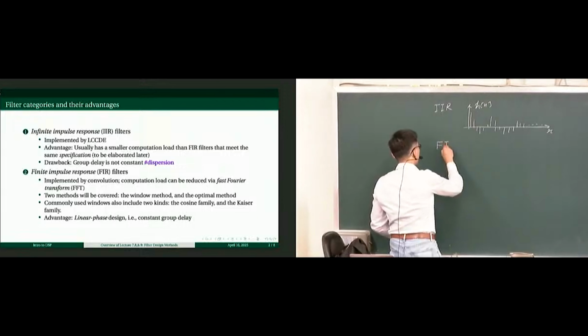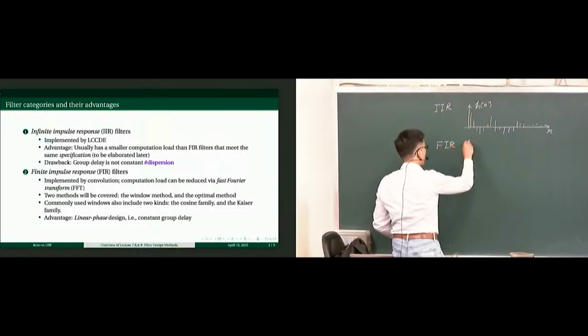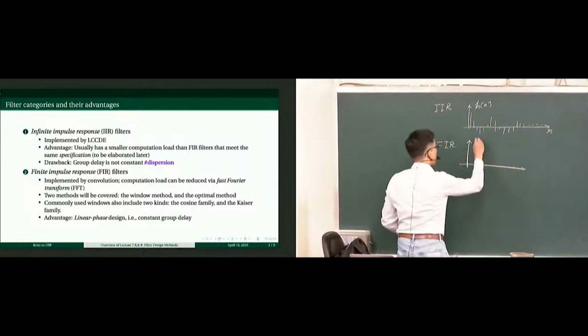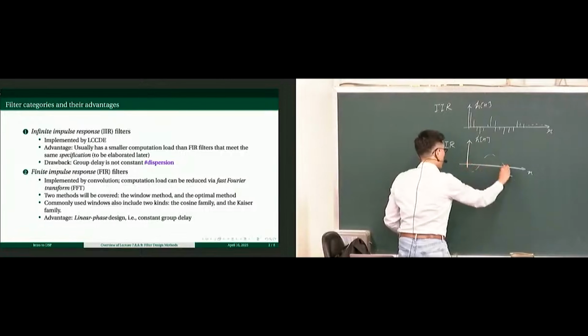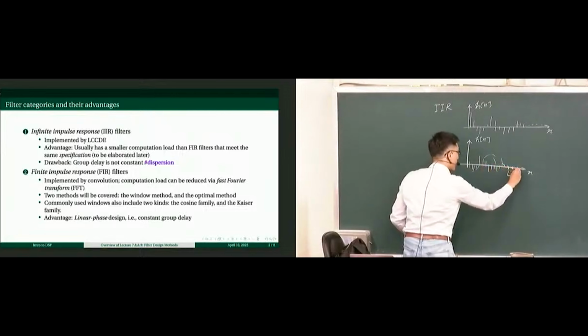And in contrast, FIR means if we plot the impulse response, then starting from time 0 to maybe a finite length L, the filter can have L plus 1 samples, but then after time L, everything is 0.